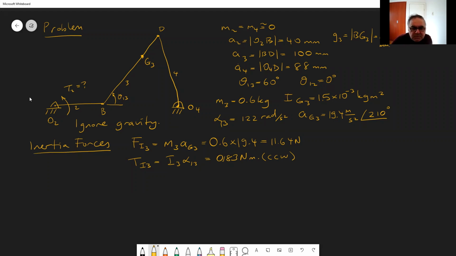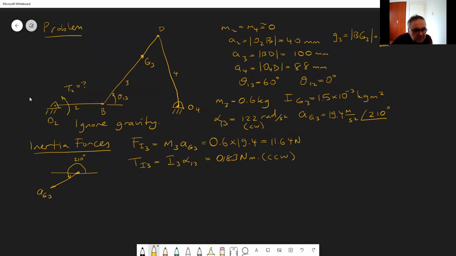Alpha 3 was clockwise, so this will be counterclockwise, and now 210 degrees would be something like this. This is AG3.